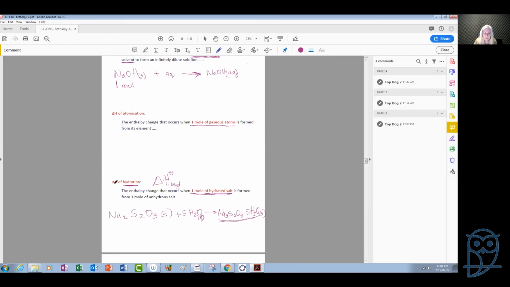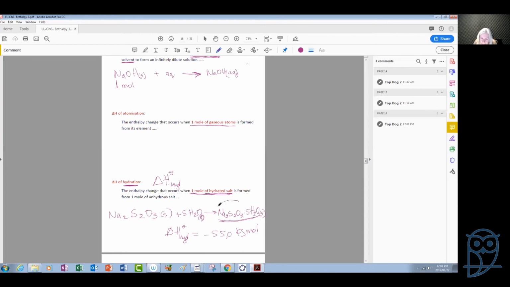So the standard enthalpy change of hydration is when some salt or some compound changes into a hydrated compound. In this particular reaction, the enthalpy change of hydration is given the value of minus 55.0 kilojoules per mole, and this value represents the enthalpy change when 1 mole of hydrated salt is formed.